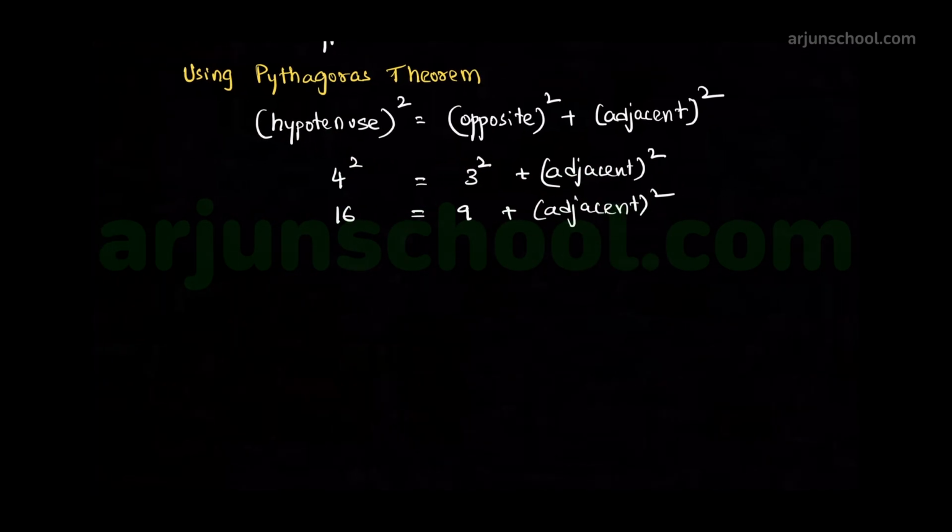Let us bring 9 to the other side. It becomes adjacent square is equal to 16 minus 9, which is equal to 7. Adjacent side is equal to root over 7 units.